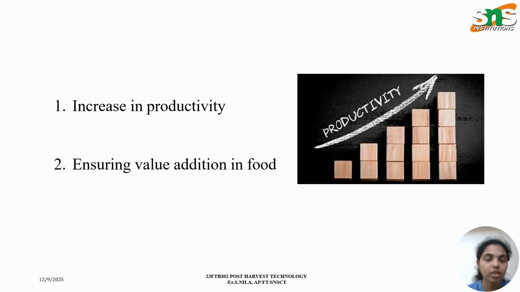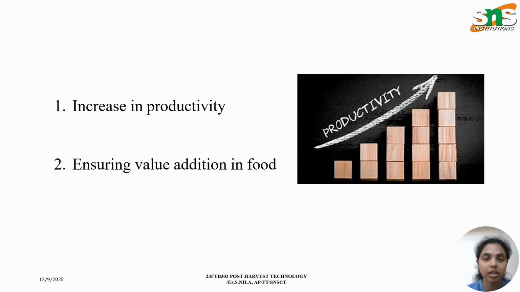So the first principle is the increase in productivity. So how do we increase productivity during post-harvest techniques? By optimal harvesting. So optimal harvesting, what does it mean? Harvesting at peak maturity and using gentle methods to minimize the physical damage like bruising and cuts of the vegetables or fruits during any pre-processing techniques.